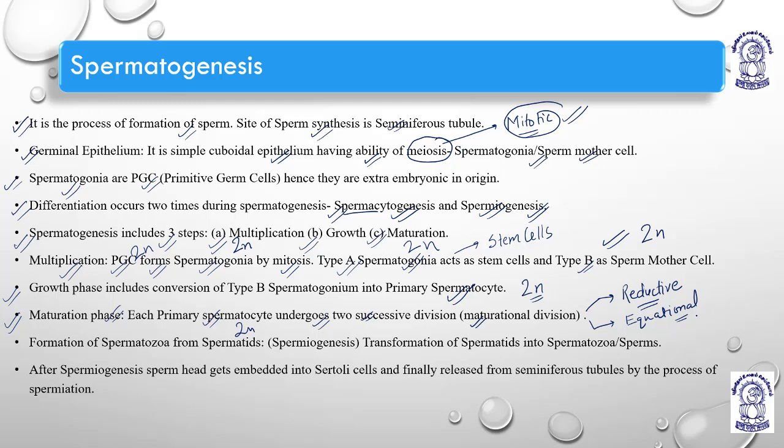In the equational division, the chromosome number remains the same. Now coming next, the formation of spermatozoa from spermatids. This process is known as spermiogenesis. As I have already told you, spermiogenesis and spermiocytogenesis. So spermiogenesis means spermatid to sperm.